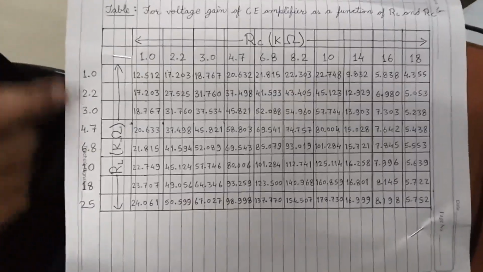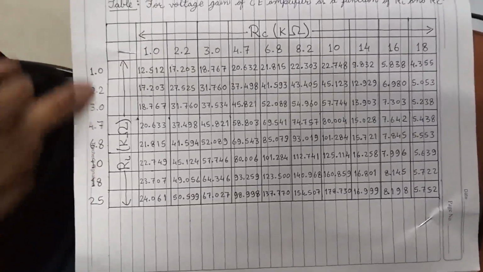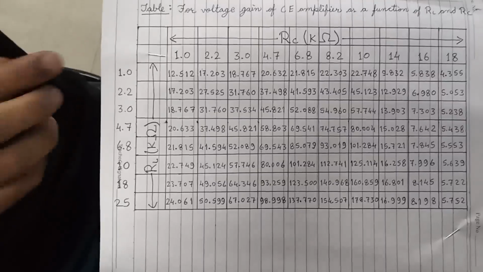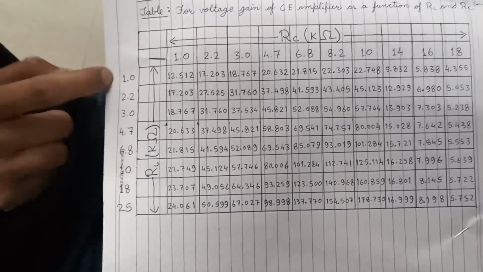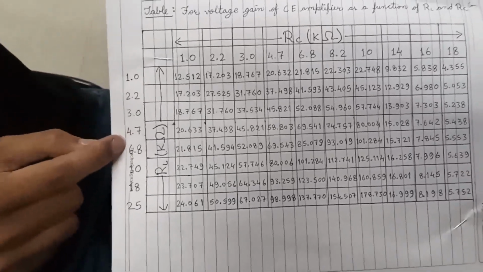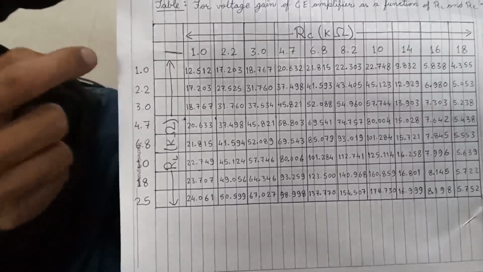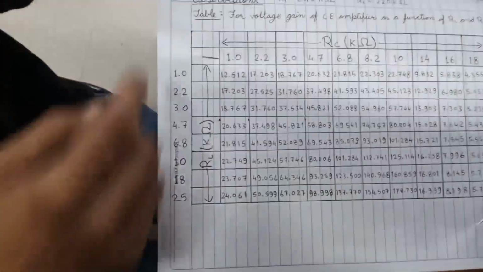Since there are many values of RL, we can't make all the graphs. We just pick three values, the minimum, maximum, and some mid value, and plot graphs.